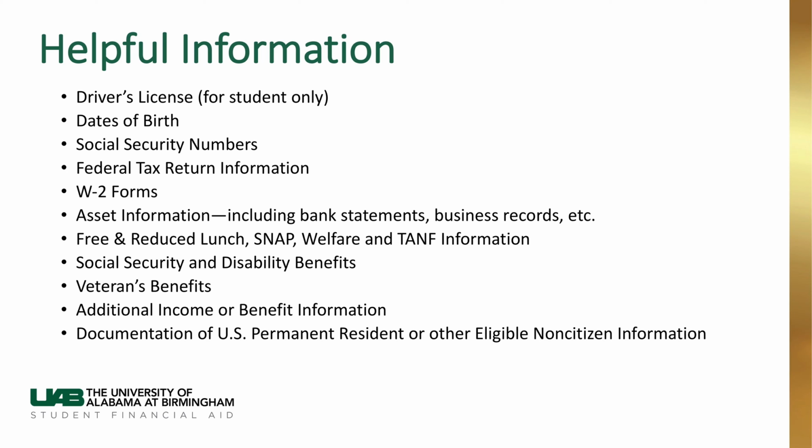It asks about asset information. It'll say, as of today, what is the balance in your savings or checking accounts? It will ask if anyone in the household has received any federally means-tested benefit programs, things like food stamps or TANF. All of that's taken into consideration.